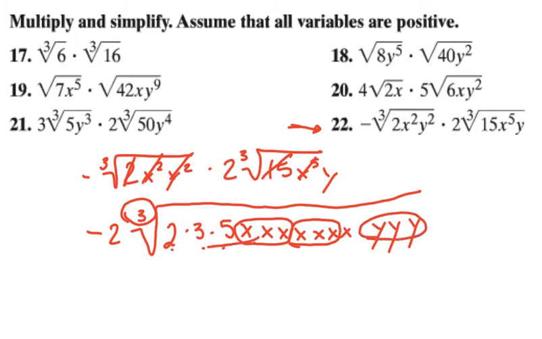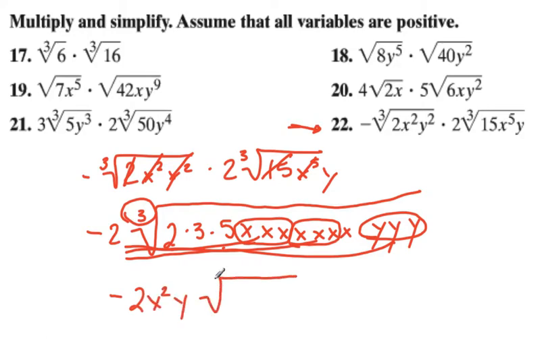So we need to pull 2 x's out, and then a y. So this becomes negative 2x squared y cube root of 2 times 3 is 6, 6 times 5 is 30, and the only thing that we are left with underneath that radical with respect to the variable is x. And there you go, that's it.